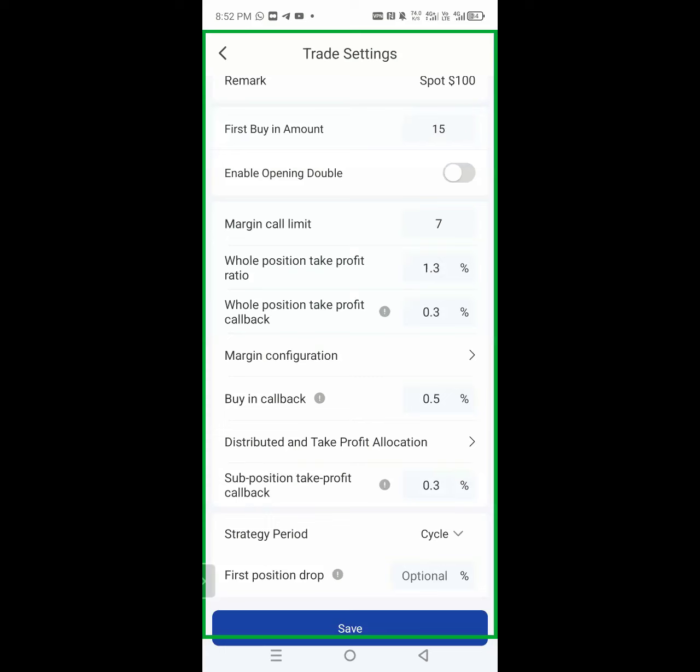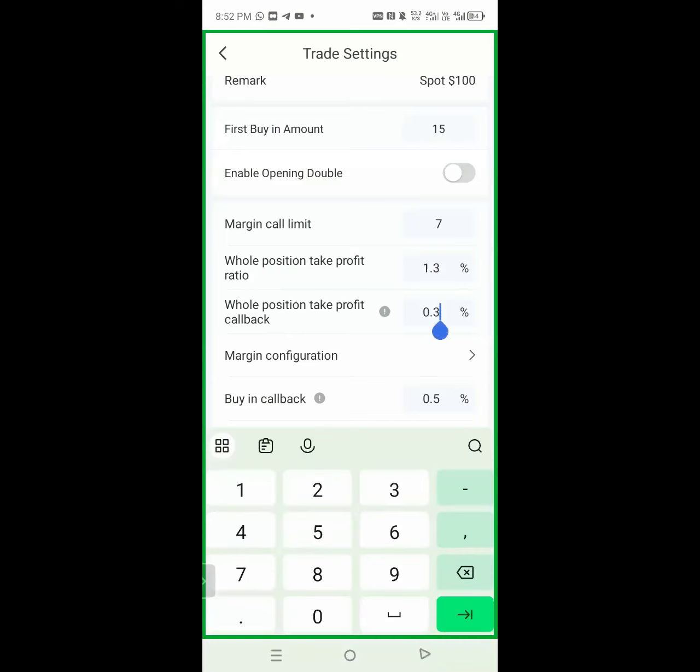It will only sell when there's a drop of 0.3. So you can either make this one 0.1, 0.2, or the default 0.3. So it means that once this coin increases to 1.3, it will only sell when the coin drops by 0.3.